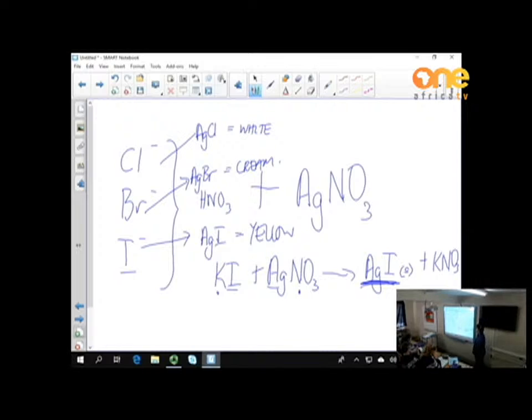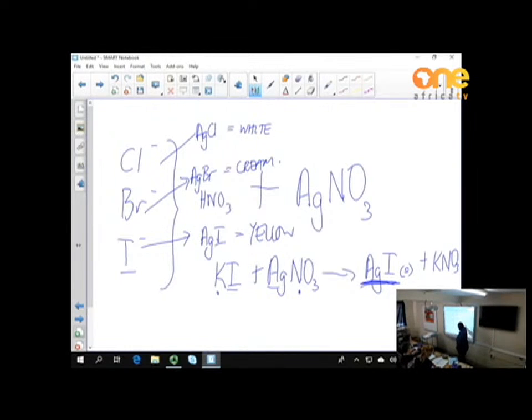Unfortunately, the white, the cream, and the yellow precipitate colors are so close together that you could maybe guess the one that is white. But if you have a single test tube, you cannot decide whether it is cream or yellow. So we have to go one step further to confirm.